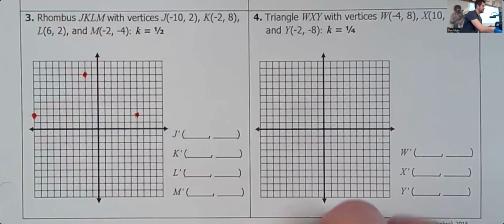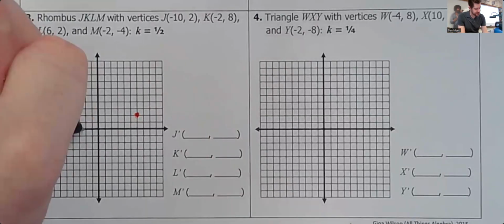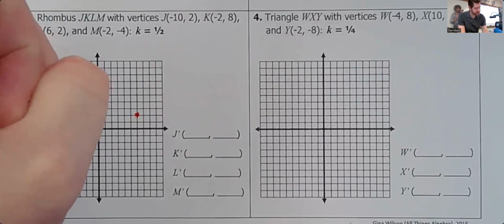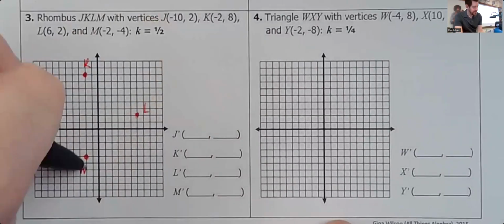There's L. We got JKL, and then M is at -2, -4. So that's left 2 and down 4. Right there. So we got J, K, L, and M.